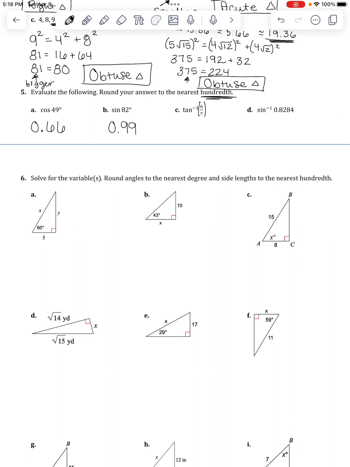Inverse trig, on the other hand, does give you angles. Remember, if it's fractions, it has to go in parentheses. I'm still rounding to the nearest hundredth, so 40.60. And 55.93. If you don't put the degrees, it's not the end of the world.